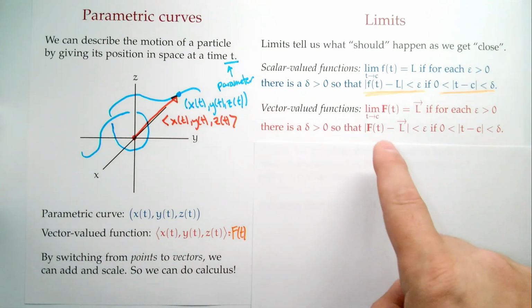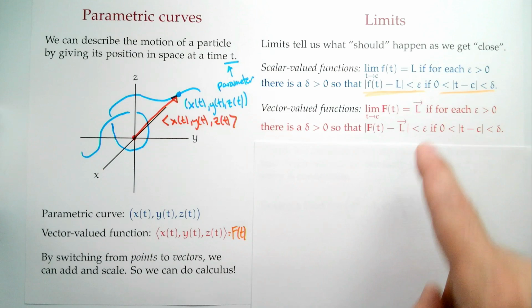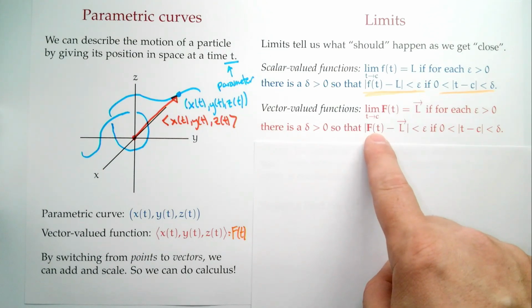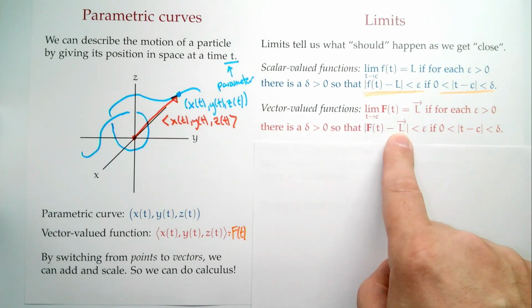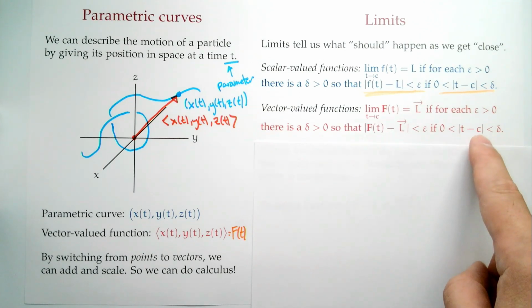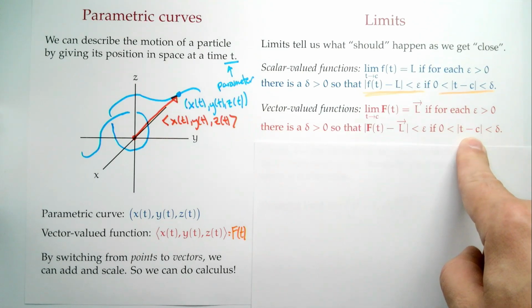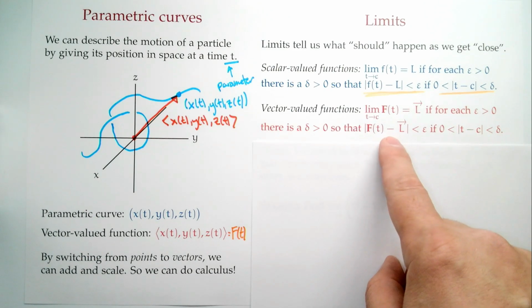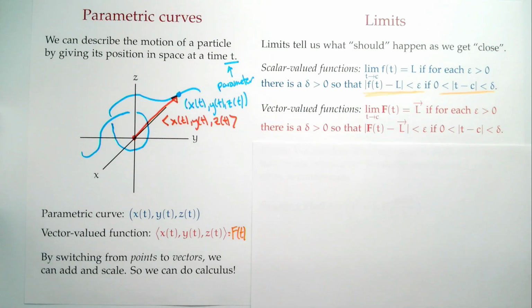Well, we want to say the limit approaches a particular vector if the difference between our current vector and the vector we want to claim as the limit is small, as long as our input is close to our desired value. So our output is close if our input is close. In other words, it's the same philosophy. We haven't changed anything. But once you understand that, then something really beautiful happens.